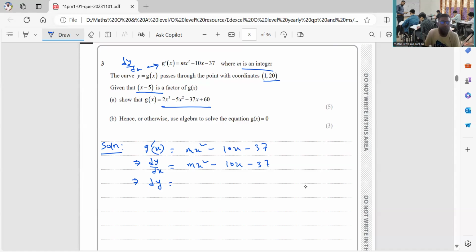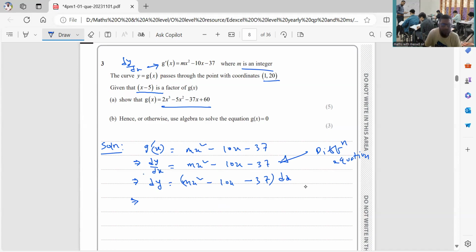If you do cross multiplication, dy equals mx square minus 10x minus 37 times dx. Actually, this is called differential equations. You have got this in A-level maths, but this is some quiz given. In recent papers, we have got this kind of maths. And how to make the original equation?